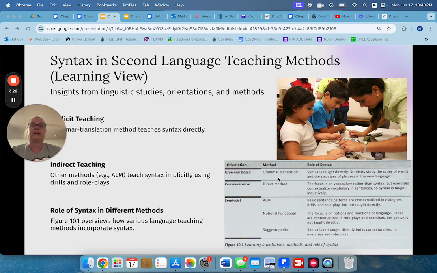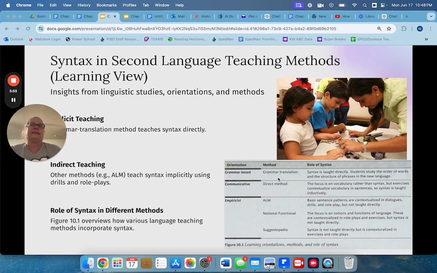Then the very explicit teaching of syntax is the ALM, which we'll discuss in more depth in a minute. And then you've got the notional functional, which focuses on the notions and functions of the language. They contextualize this and start learning through role plays and exercises.